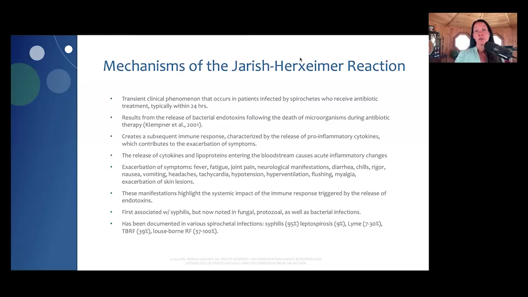So, a little bit of history. The first Herxheimer reactions were associated with syphilis, which is actually a different type of spirochete, the cousin to Borrelia or Lyme disease. But we now know that it's actually something that happens when we go after funguses or other bacteria, as well as protozoal infections.